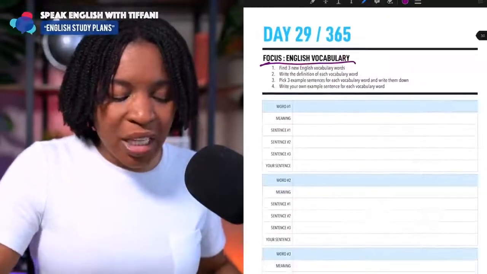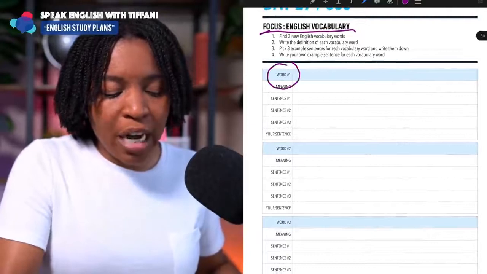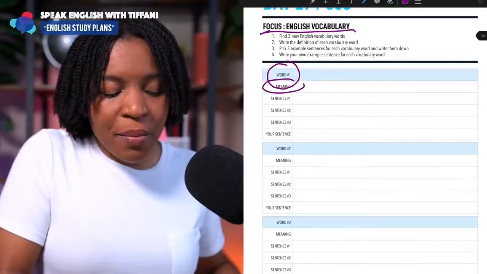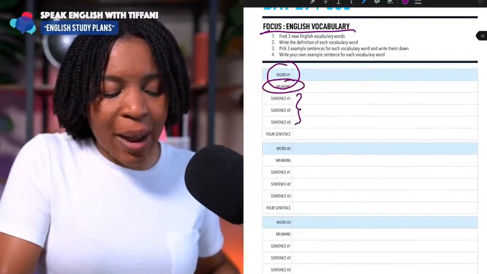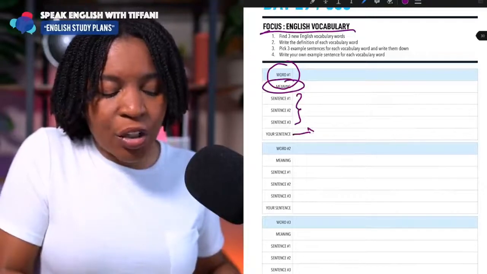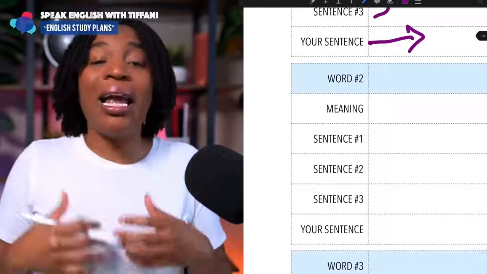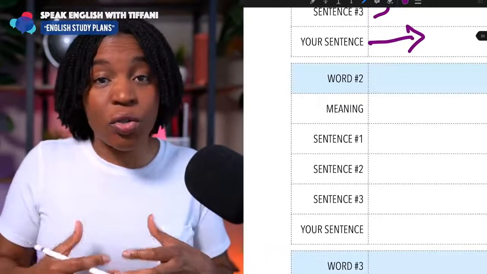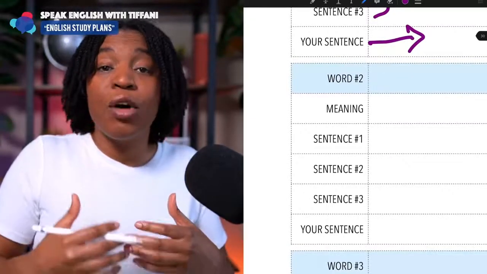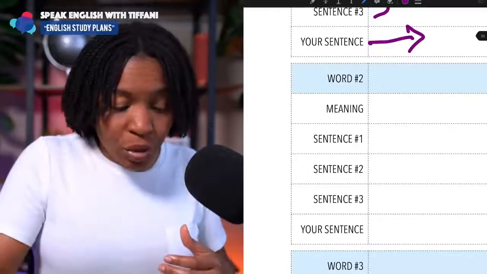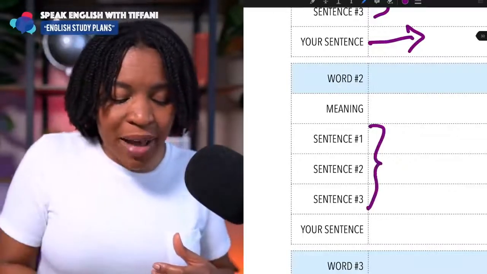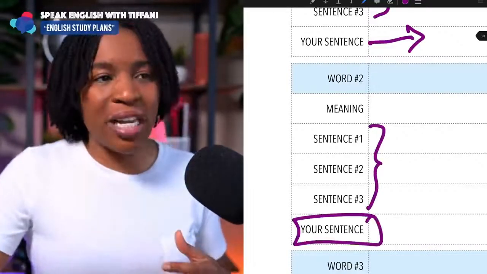But look how it's set up. You have word number 1, then you have the meaning and 3 example sentences, and then your sentence. Again, in this plan as well, I emphasize how important it is to find the word, write the meaning, write 3 example sentences, and then write your own sentence. So I just wanted you to see what it looks like in an actual plan.